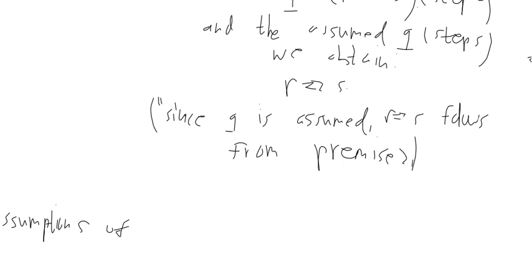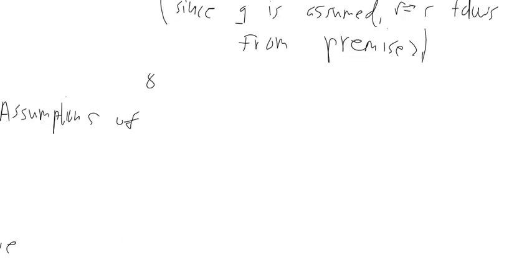Now that I show that it follows from premise 2, we have to do modus ponens on 7 and 6 for step 8. So step 8 would be modus ponens again, on 7 and 6.